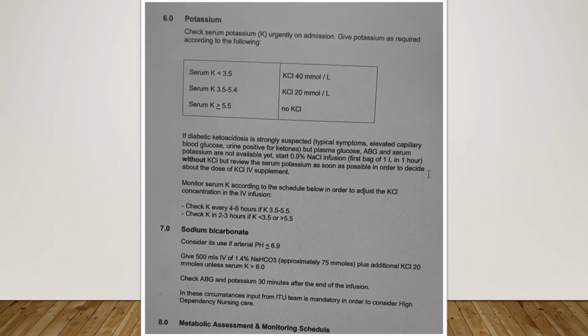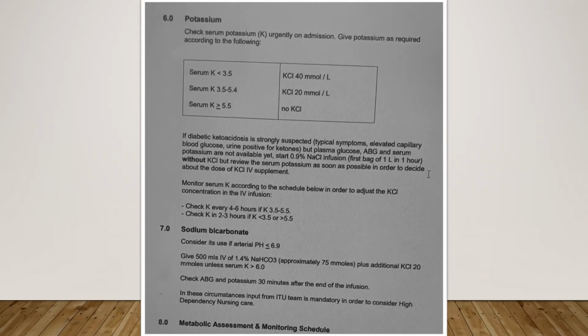Right, so just to remember again, we have to give 20 millimoles per liter if the serum potassium is normal, and initially it will be normal. And then after you give dextrose or normal saline with glucose, the potassium will start to go intracellularly, so the serum potassium will drop, so you may need to give a higher dose.